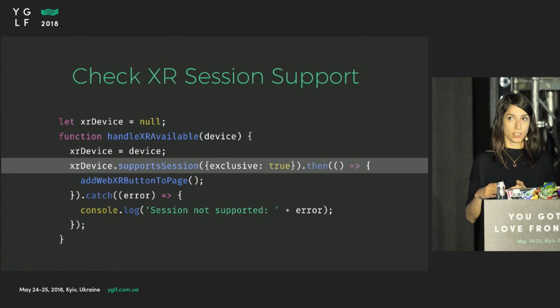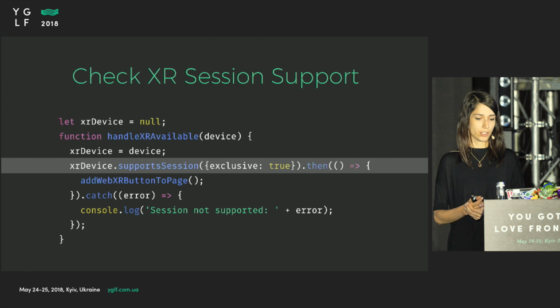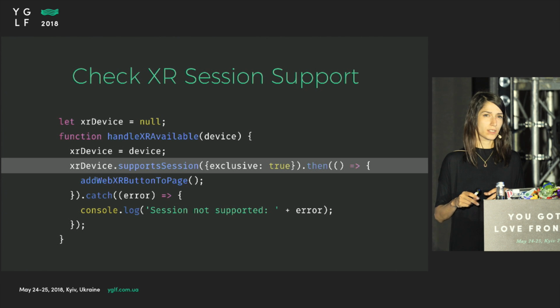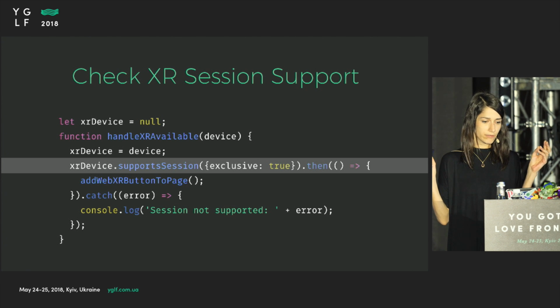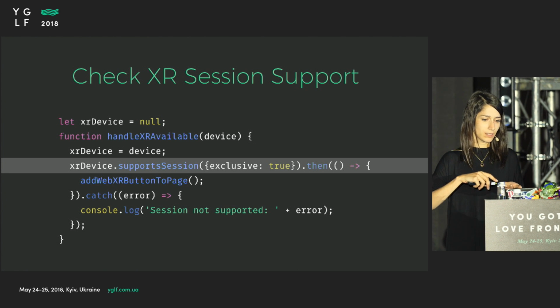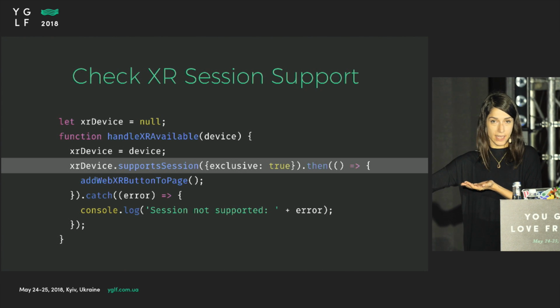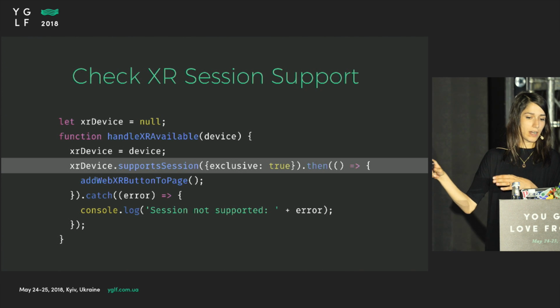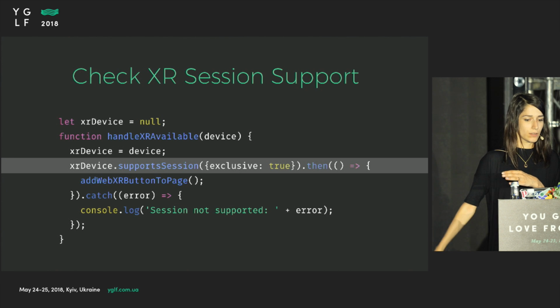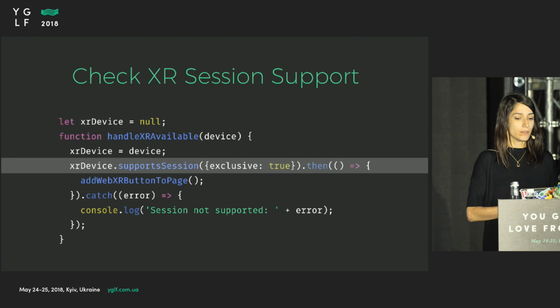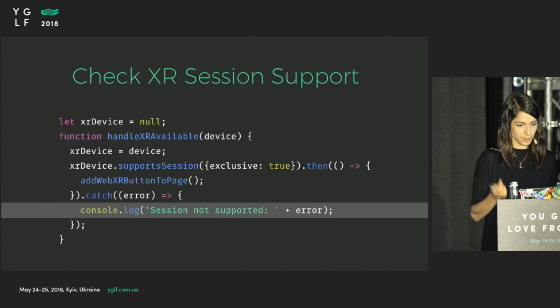So with the returned XR device now, we can use the method supportsSession to check if the default XR device actually supports the so-called exclusive sessions, which means for an exclusive session we require a headset to draw our images on. So if the device is a VR headset, we can draw in a stereoscopic way and the promise gets resolved. And else, again, it gets rejected.